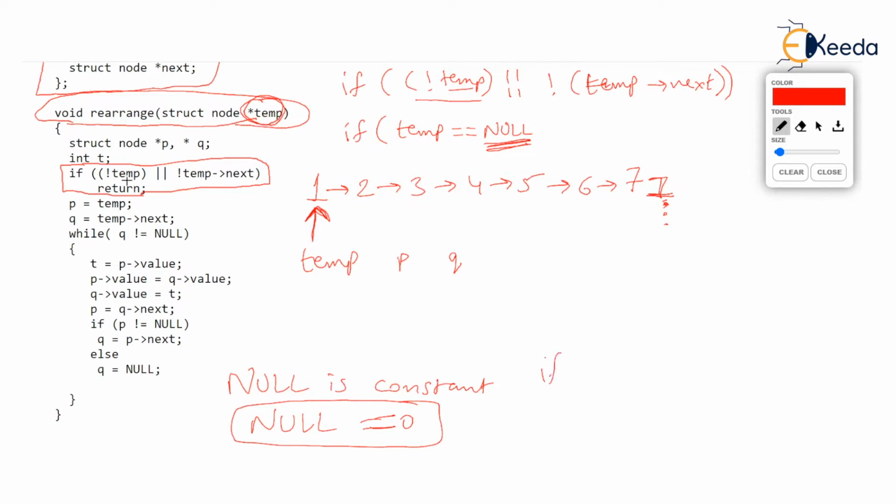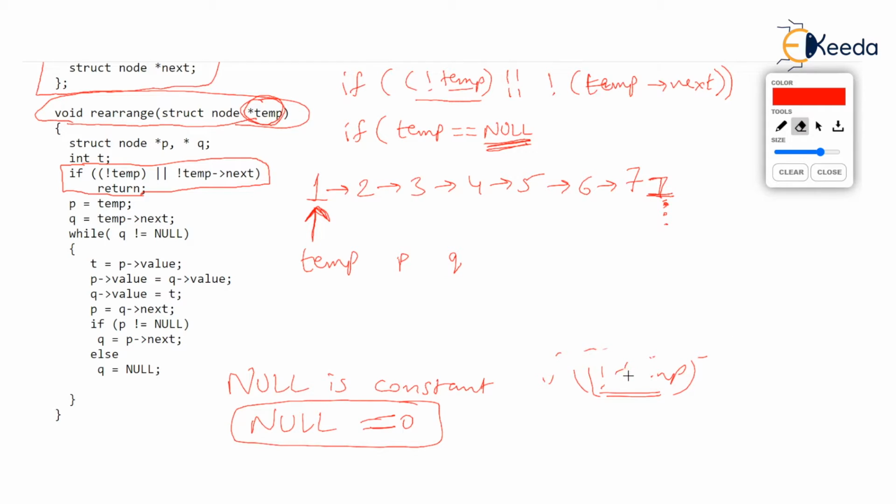Then for the condition if not temp, assume for some time that temp is 0, then not of 0 will be true. 0 means null. So it is read as if temp is null, then make the condition true, isn't it? Because null means 0, 0 means false, and what is not of false? Not of false is true. Come again. If not temp actually means we are checking if temp is null.